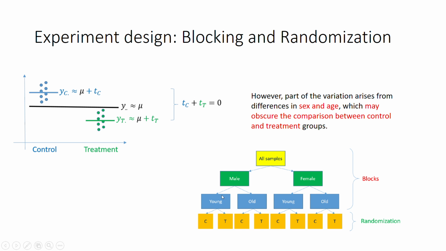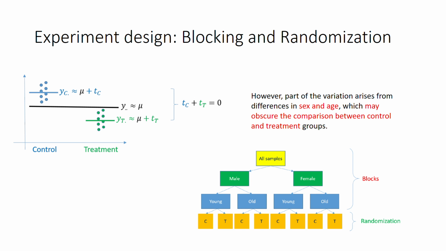But because you have used blocks, now you can attribute what is the contribution of the sex and what is the contribution of the age to the final observations. So you can take that variability out, and then you can more faithfully compare the difference between control and treatment, independently of the variability introduced by these two variables, which may be much higher than the one of the treatment.